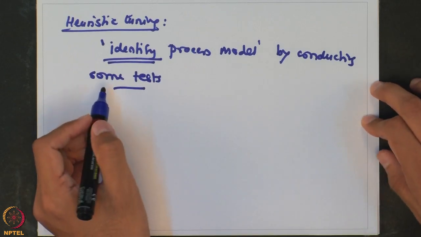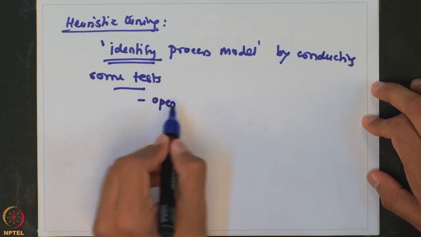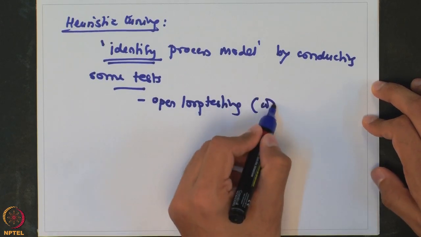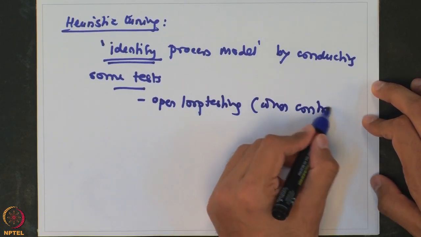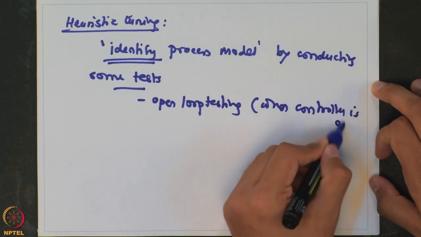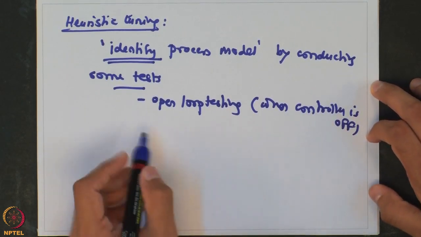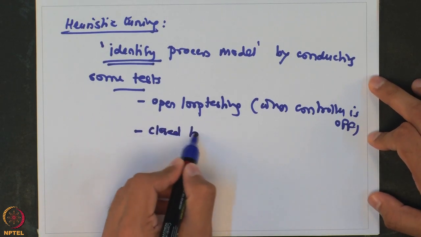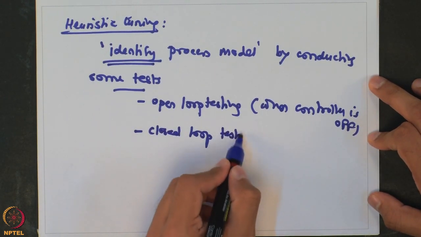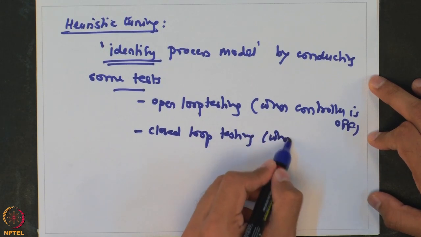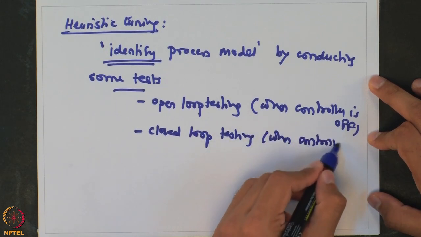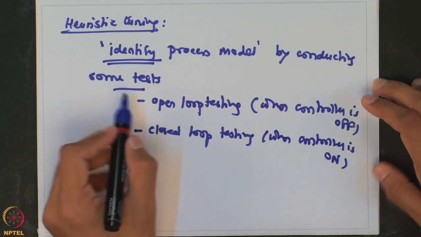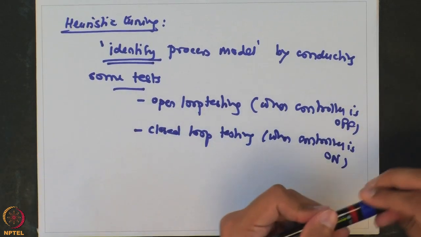If it is done in an open loop, it will be known as open loop testing, when the controller is off, which is a simpler problem to deal with. Or if the controller is on, it is known as closed loop tuning or closed loop testing. So these are simpler methods to analyze.